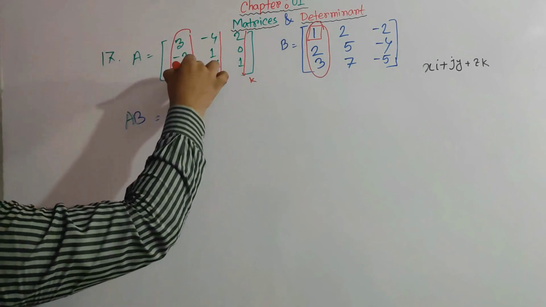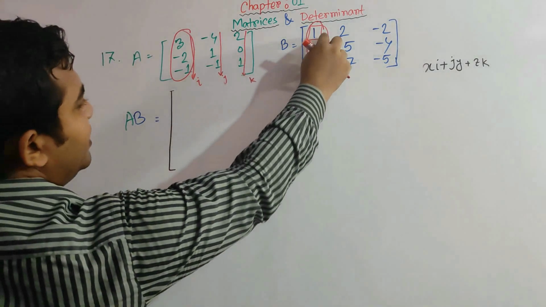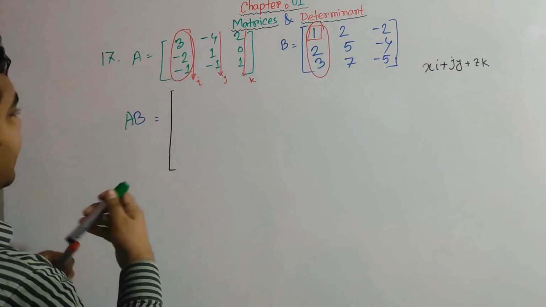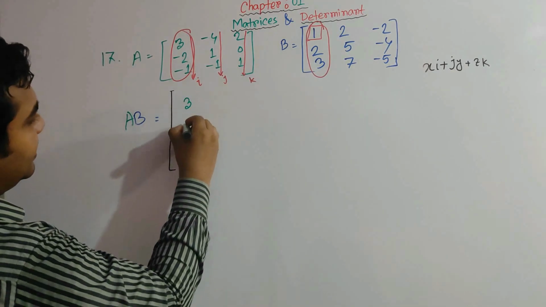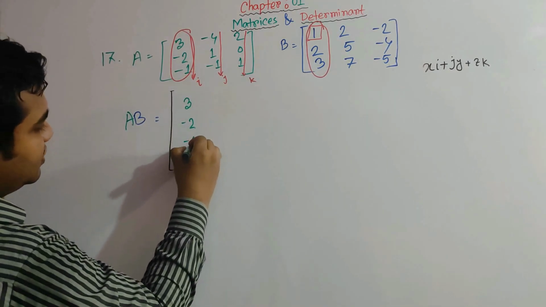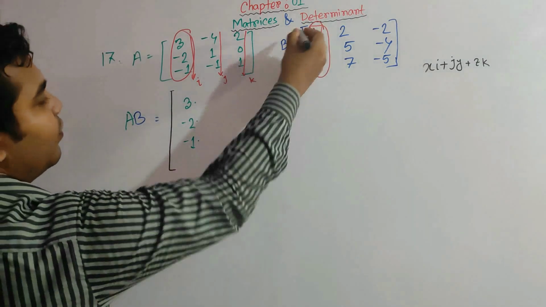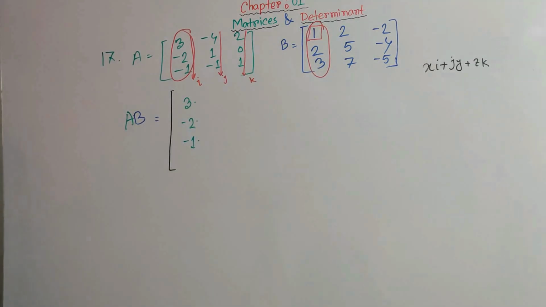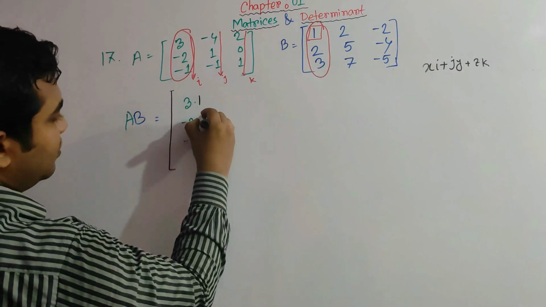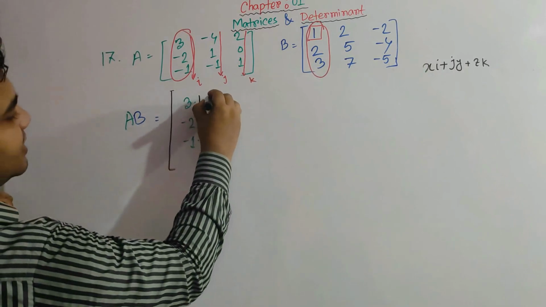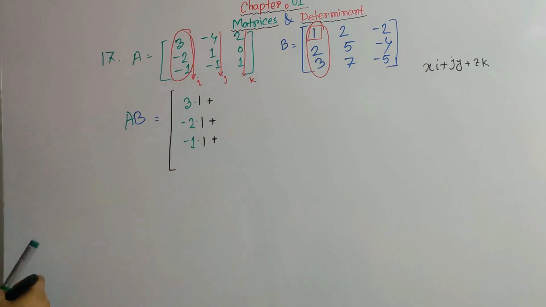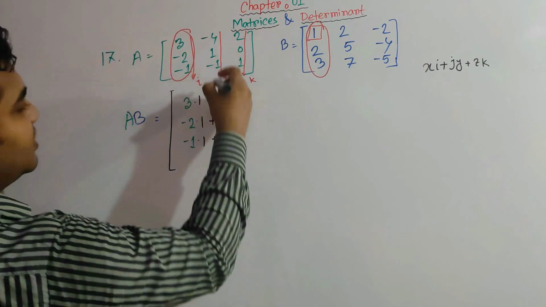So our first column is this. The first column is multiplied with 1. First thing first, 3 minus 2 minus 1 is multiplied with 1, and we take plus. Now our second column is what?